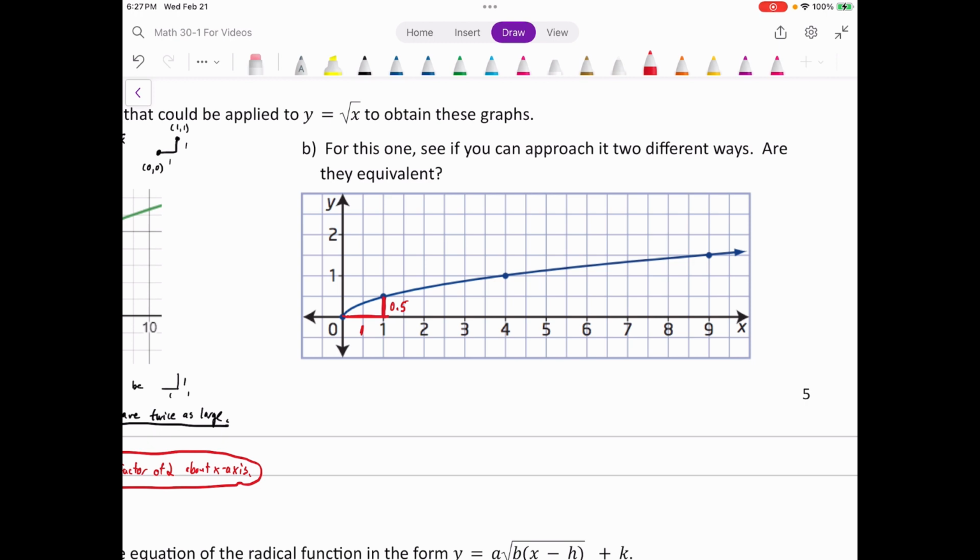We've now got 1, 0.5 as compared to, on y equals root x, 1, 1. So the y values are half as big. We've multiplied every y value by 0.5 or 1/2. So this suggests a vertical stretch by a factor of 1/2.